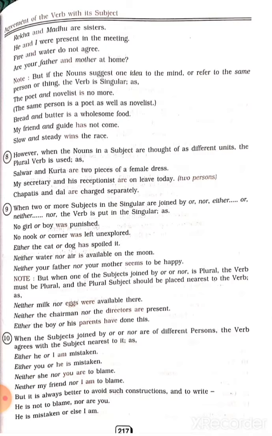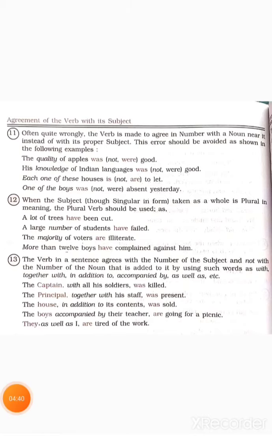Next, neither my friend nor I am to blame. I is the nearest subject, so that is why I am. But it is always better to avoid such constructions, like: he is not to blame, nor are you; he is mistaken, or else I am.